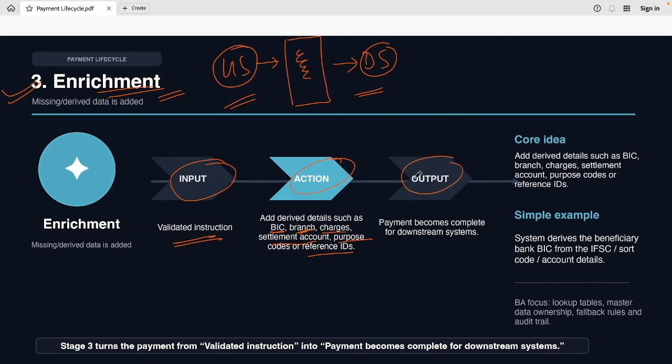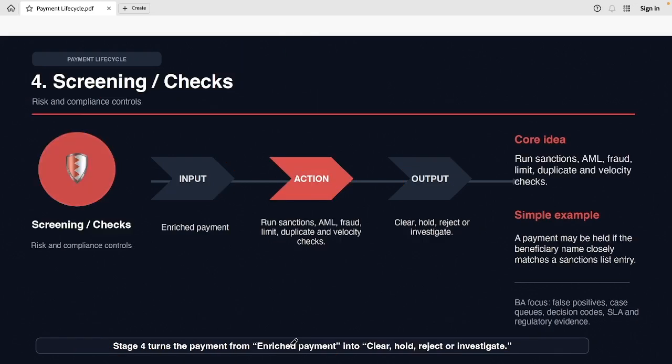And as an output, you get the payment with all the complete details that are required for the downstream system to consume or process further. In short, stage 3 converts a validated instruction into a payment that contains the complete information required by the downstream systems.